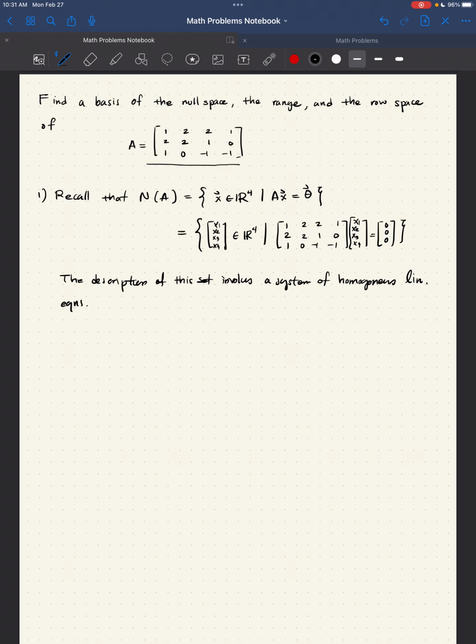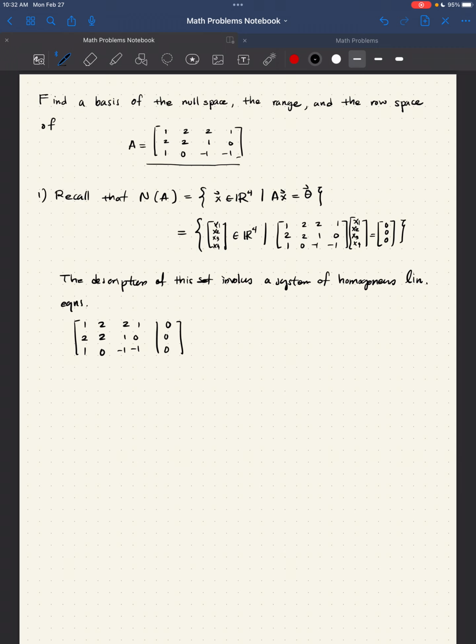Well, the one that is associated with this augmented matrix: 1, 2, 2, 1, augmented with 0, followed by 2, 2, 1, 0, augmented with 0, 1, 0, negative 1, negative 1, augmented with 0. Of course, nothing new under the sun here.